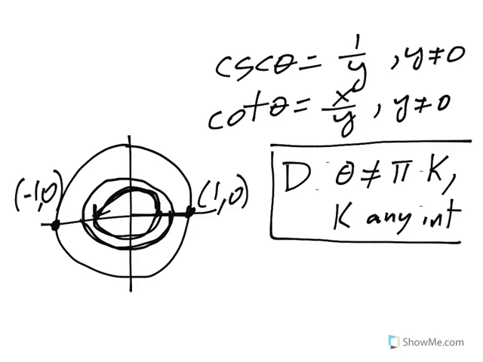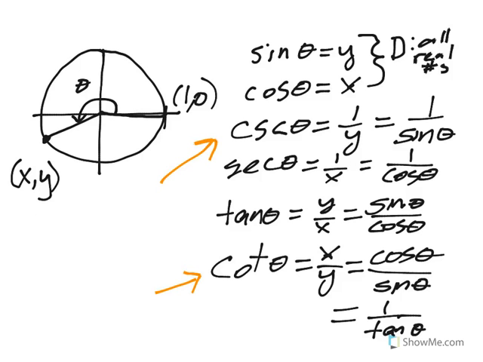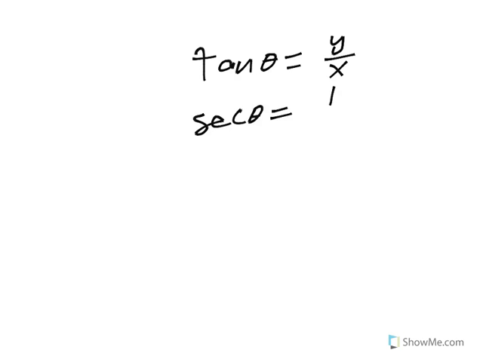So now let's go back and look at the other two, tangent and secant. Tangent theta is going to be y over x, and secant theta is going to be 1 over x. And once again, their domains are going to be the same.